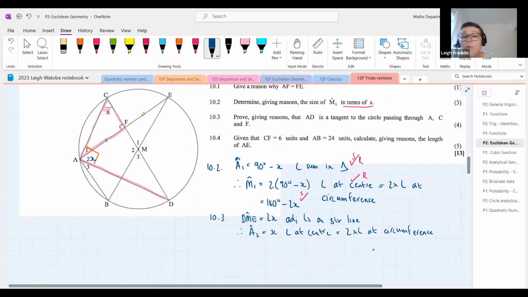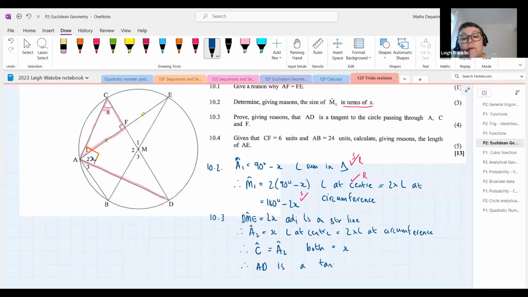So now, so important, like Nhlanhla pointed out, therefore we have to state this: angle C equals angle A2 because they both equal x. Therefore, AD is a tangent and our reason is going to be converse tan chord theorem.